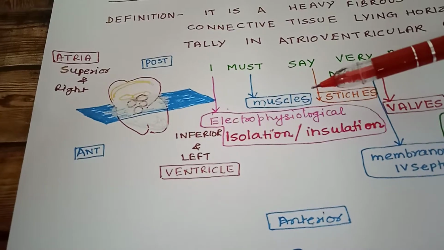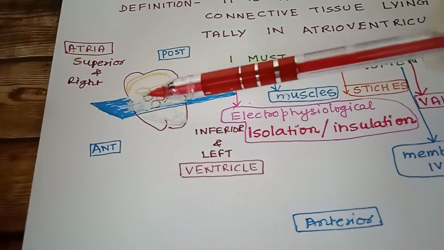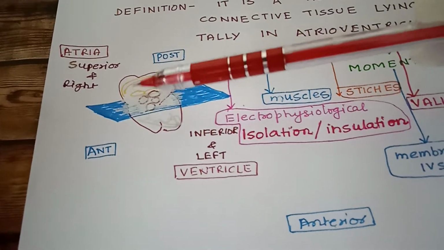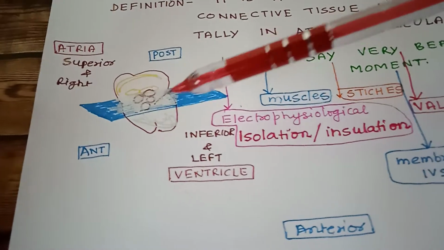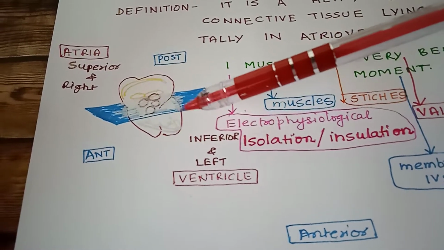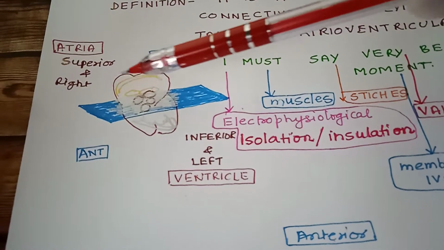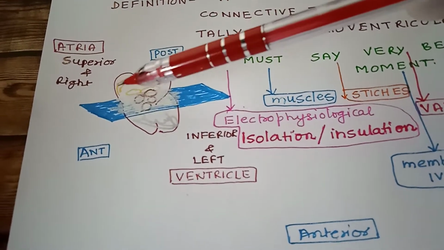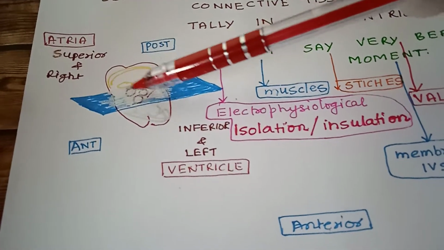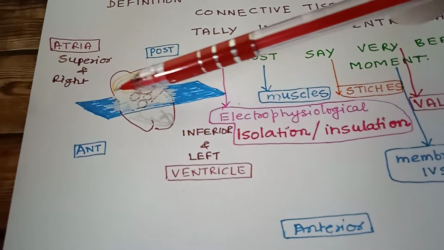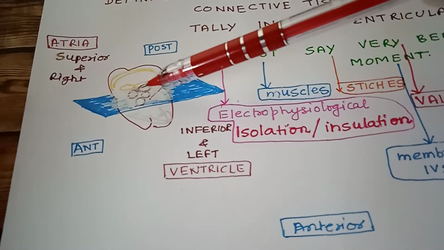M, for muscles. This fibrous skeleton gives attachment to muscle fibers, the atrial fibers from above and the ventricular muscle fibers from below. Atrial fibers superficially lie in transverse fashion and the deeper fibers in annular fashion, but they start and end at the fibrous skeleton.